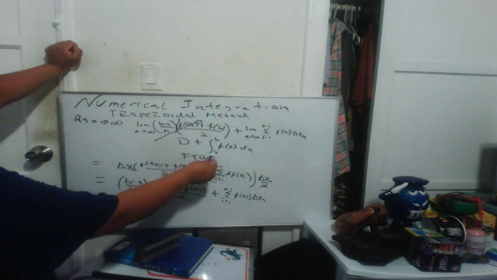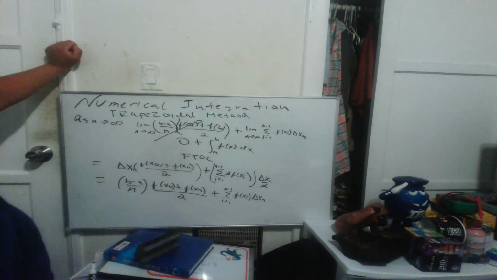And that's what we want, because it means that the method is an approximation of the actual antiderivative of the function between a and b.